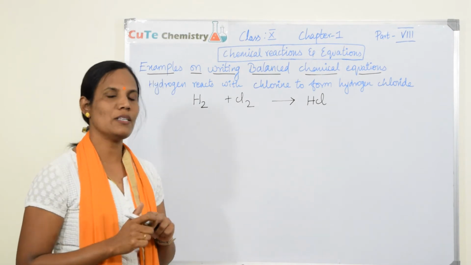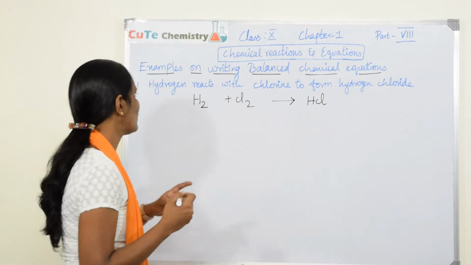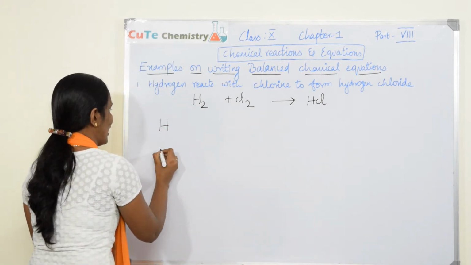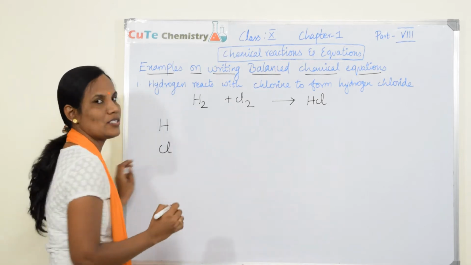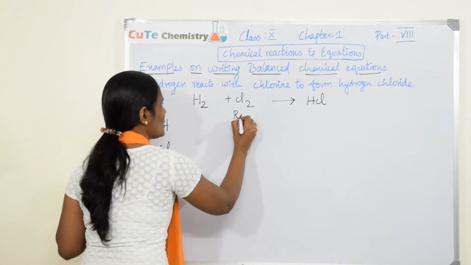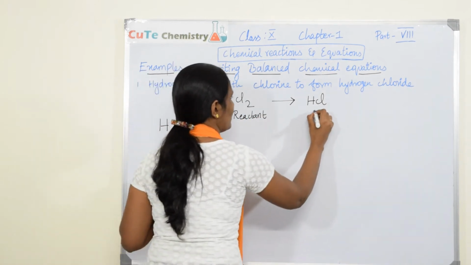The next step is we have to check whether the equation is balanced or not. For that we have to write the atoms participating in this chemical reaction. We have only hydrogen and chlorine. So we'll check the reactant side as well as the product side.